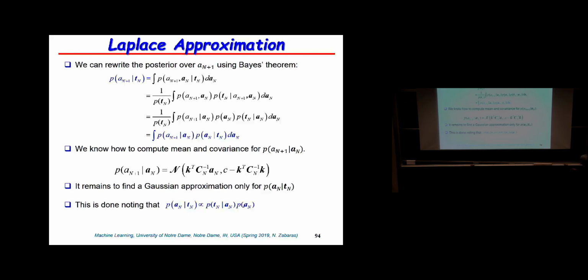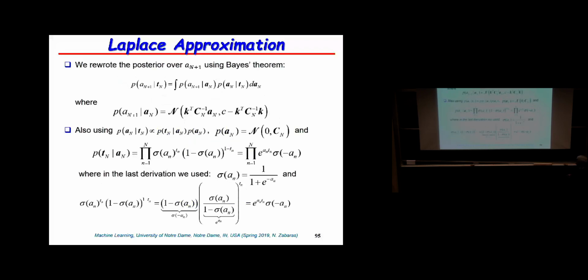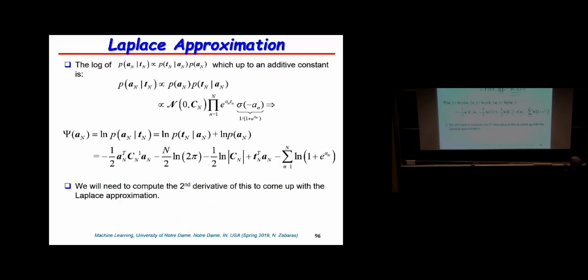If you write this in an unnormalized form as the probability of Tn given an times the probability of an, it comes out that this unnormalized probability can be written down with this prior, which is the evidence basically from the Gaussian process that we had, and this thing that comes from the Bernoulli distribution.